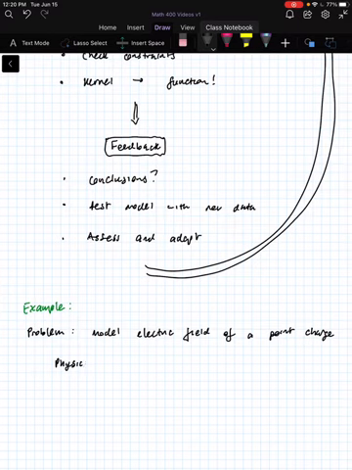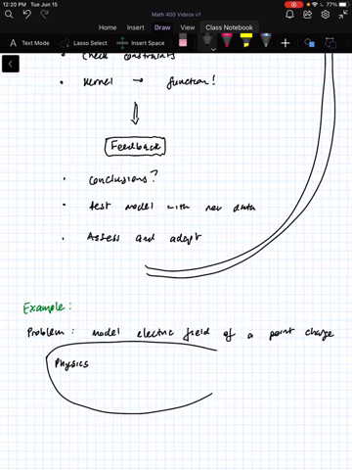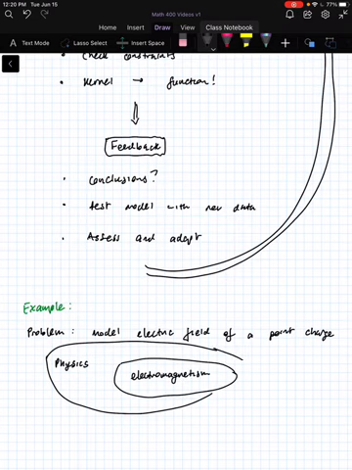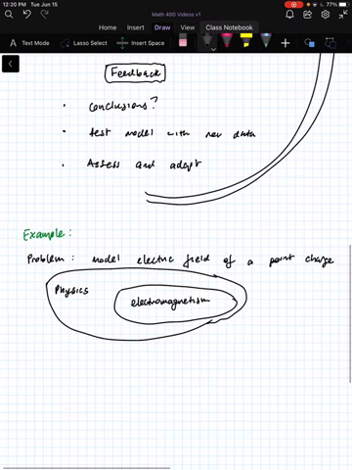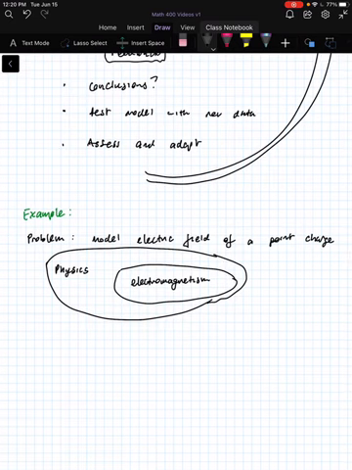So where does this come from? So we're talking about physics, but specifically we're talking about a branch of physics that we call electromagnetism. And we can get even more specific than that. We're talking about electrostatic fields.